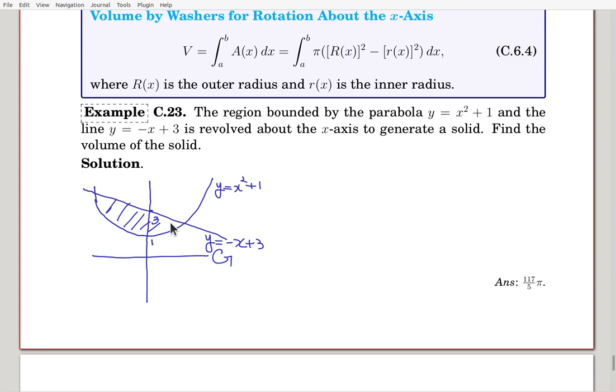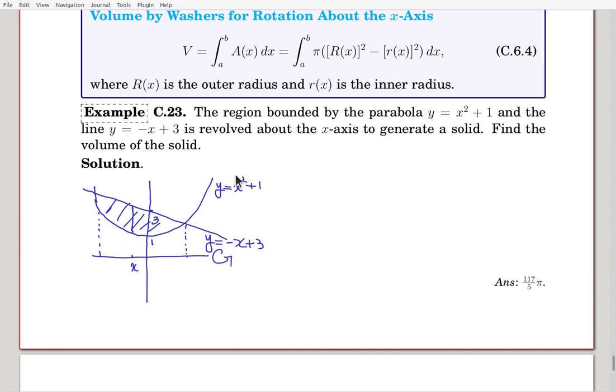Okay. Now, if we consider each x, then for each x this line is making a washer, so that's called the washer method.